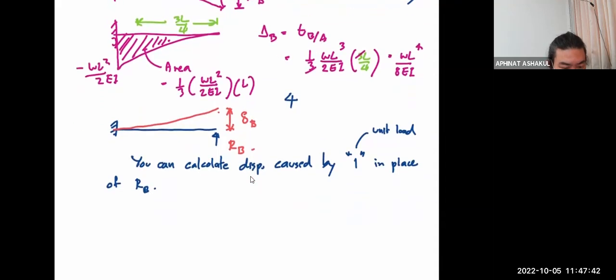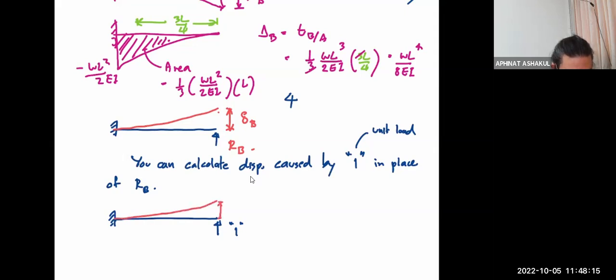And if we do that, because after I change the approach to doing the concept first, I've seen some students would rather calculate the displacement caused by RB. They are more comfortable with that. It's the same thing. Now, when you calculate the displacement caused by the load that is equal to 1, you will get the displacement.